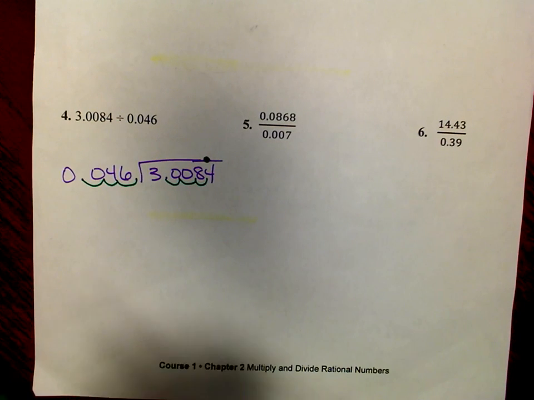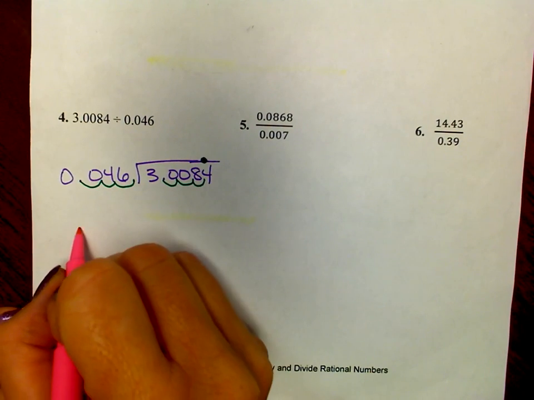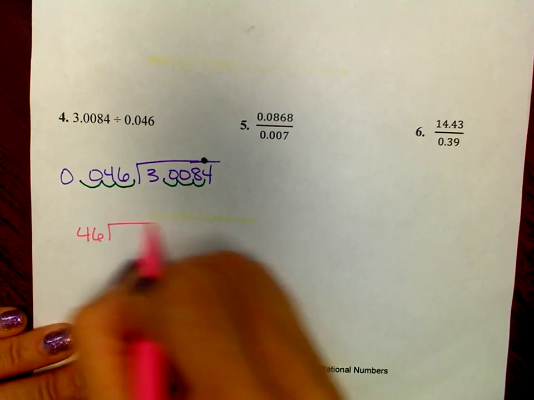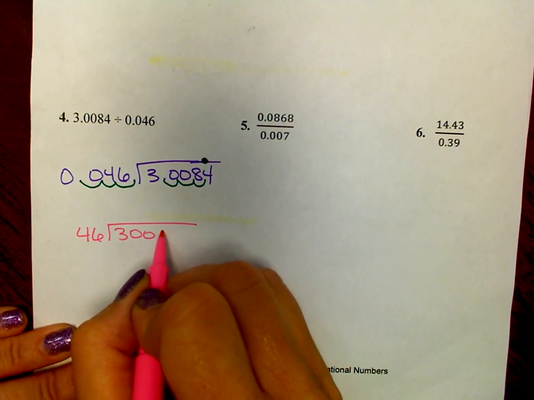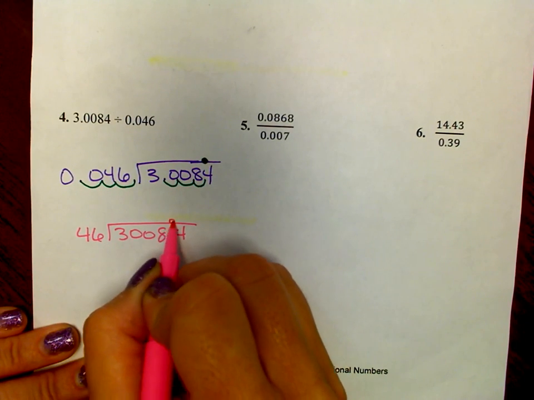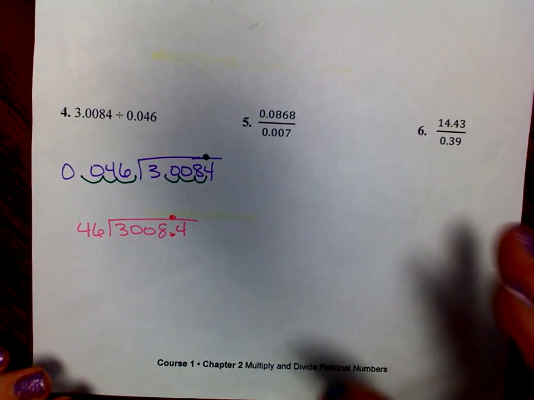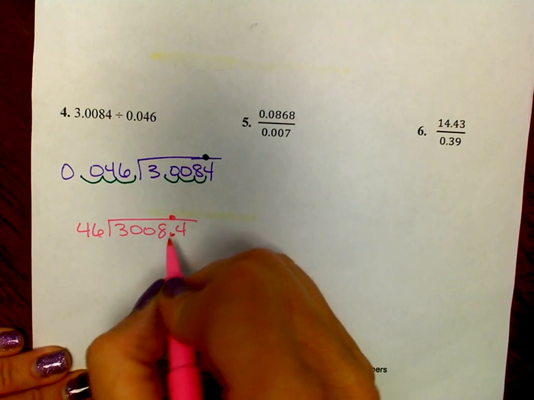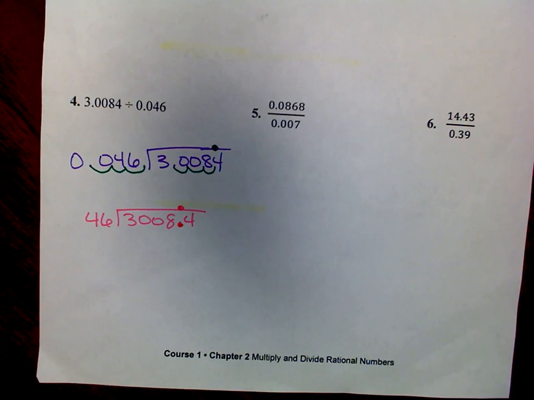Okay, so now if you want to rewrite it, because we've moved several decimal places over, it's going to be 46. And there's my decimal. And you don't have to rewrite it. You can erase, or I just rewrite it because it looks a little prettier. Easier to see.